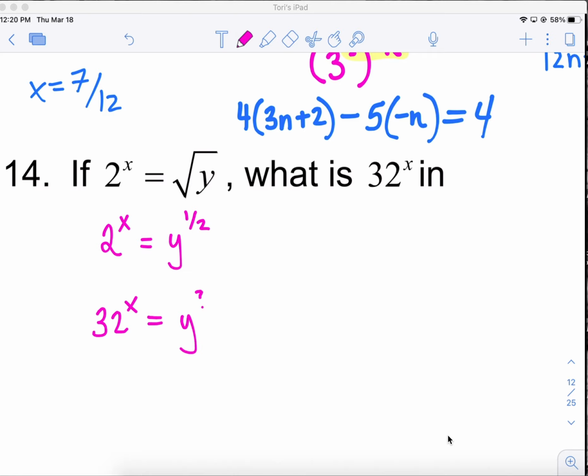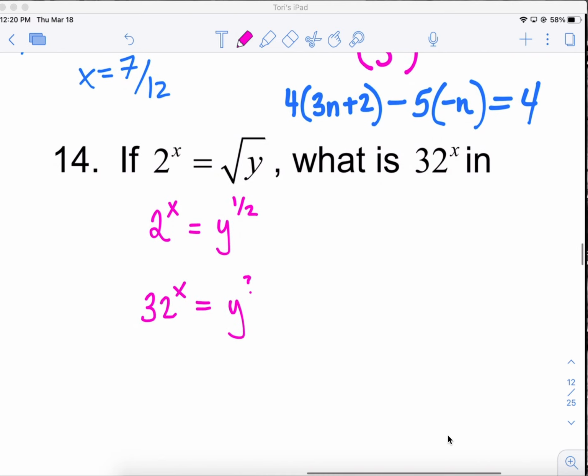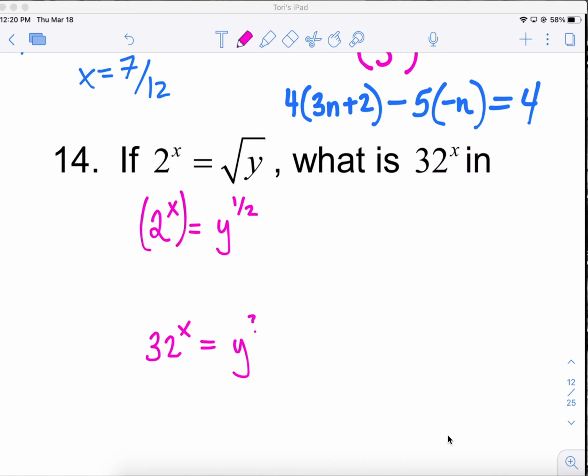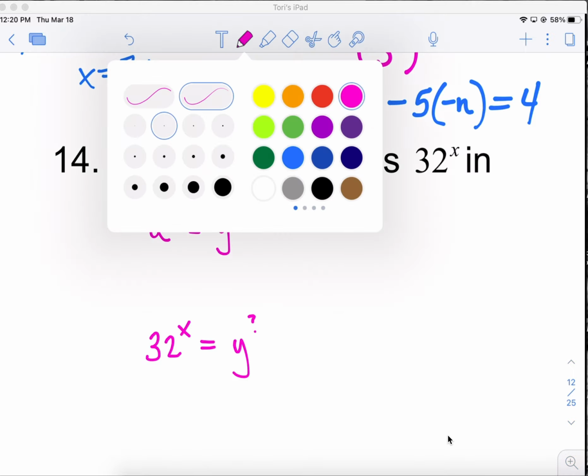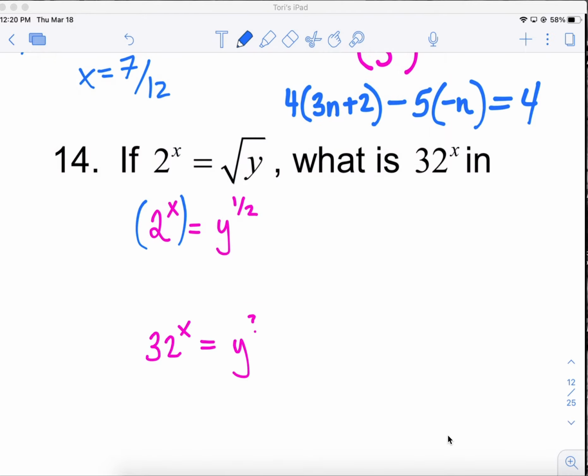Okay. Well, let's see if we can manipulate this just a little bit. All right, if I have to turn 2x into 32, that means I'm going to have to blow that up. Let me change colors. Blow that up by 5, because that would be the same as 2 to the 5th switching with x, right?